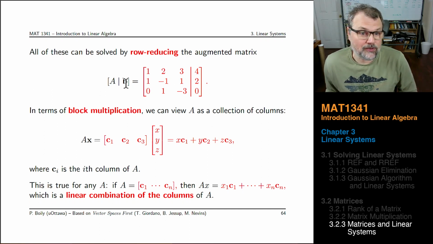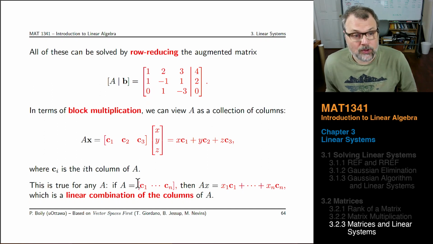If you think of it in terms of block multiplication, the columns of A, let's call them C1, C2, and C3, then A times X is really block multiplication of C1, C2, C3 with x, y, z. And this is true for any A, not just coefficient matrices.